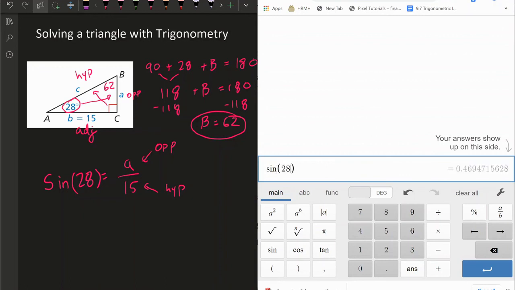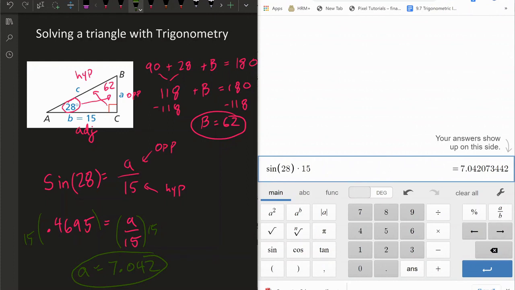Anyway, sine of 28 is 0.469, we'll round to 0.4695 equals A over 15. And now this is turned into an Algebra 1 problem where I could just multiply both sides by 15. And we'll go back over to my calculator over here. We'll just go times 15. And I get an answer of A equals 7.042.